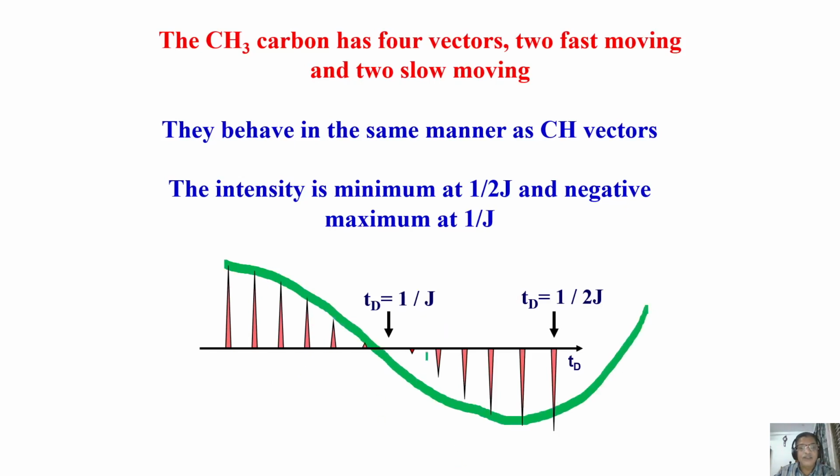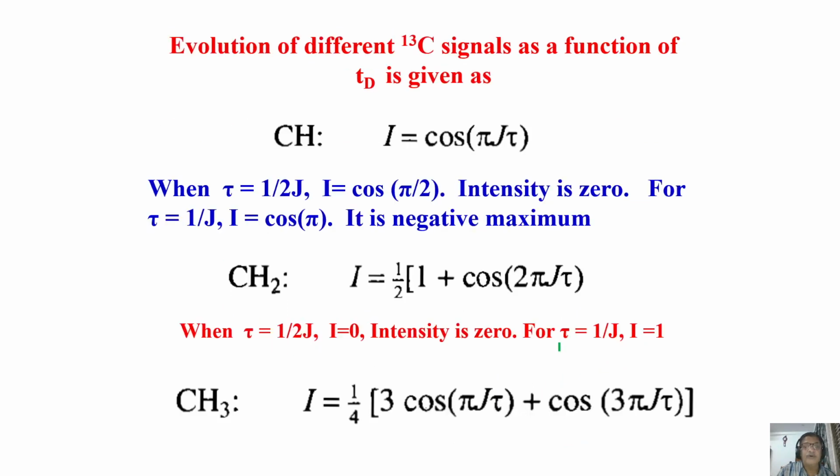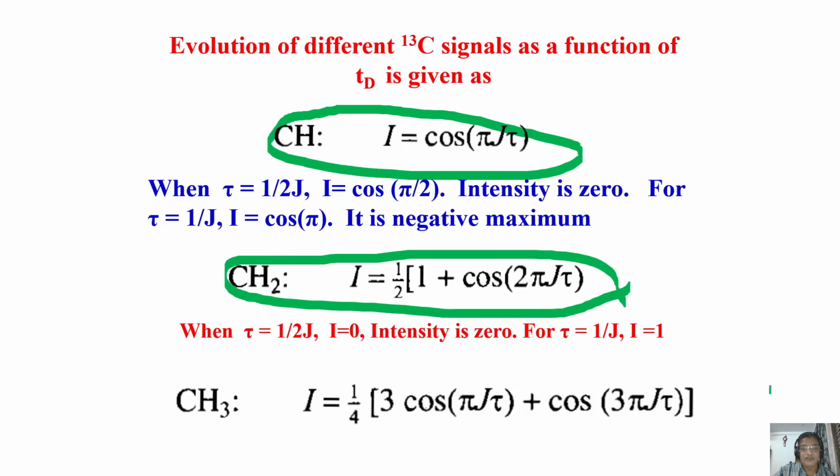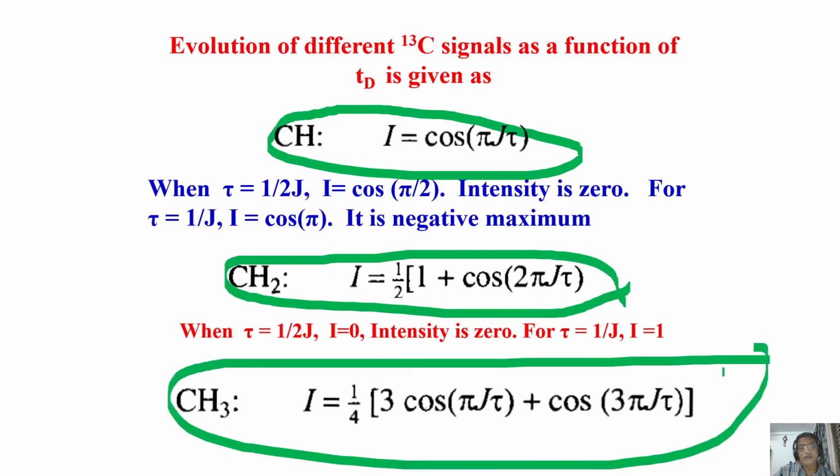So what did you observe? In the case of CH also, this was 0 at 1 over J and it was maximum at 1 over 2J. Now the same thing you are observing for CH3. So what did we understand from this? Evolution can of course be proven mathematically. Evolution of CH follows a cosine path, CH2 follows this equation, CH3 follows this equation.